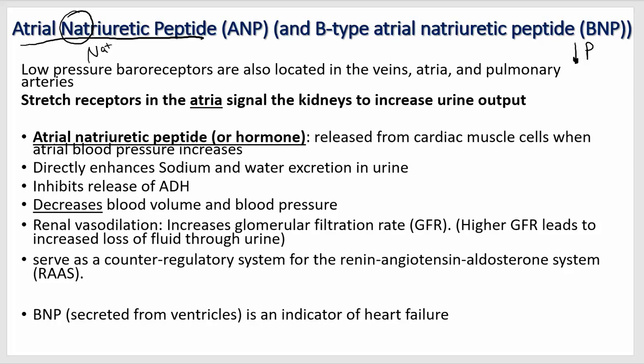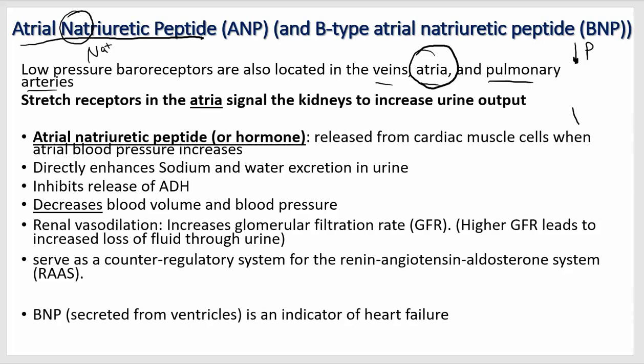And let's see, I think there's a CMP too. I don't know why I didn't put that up here. Probably would be more confusing. So let's talk about how this works. Low pressure baroreceptors are also located in veins, atria, and pulmonary arteries, so keep that in mind. In this case, we're talking about pressure baroreceptors in the atria, the atria of the heart.